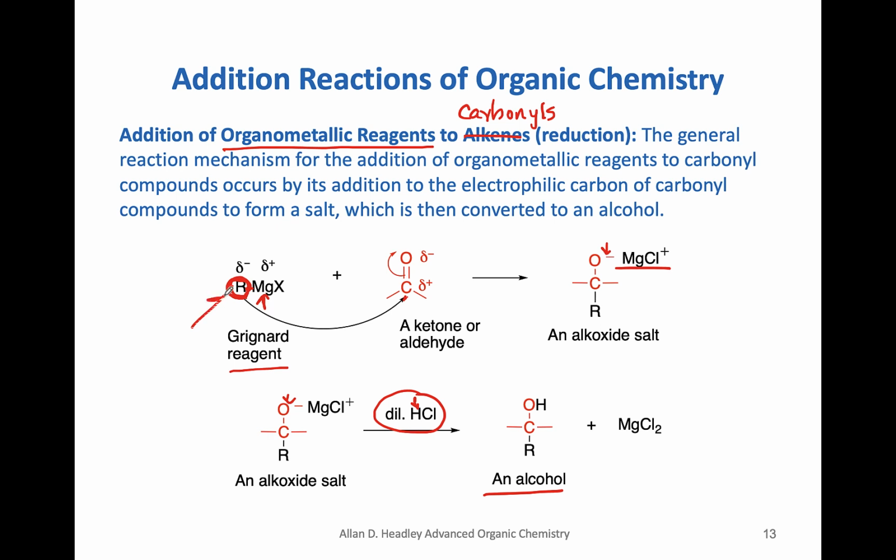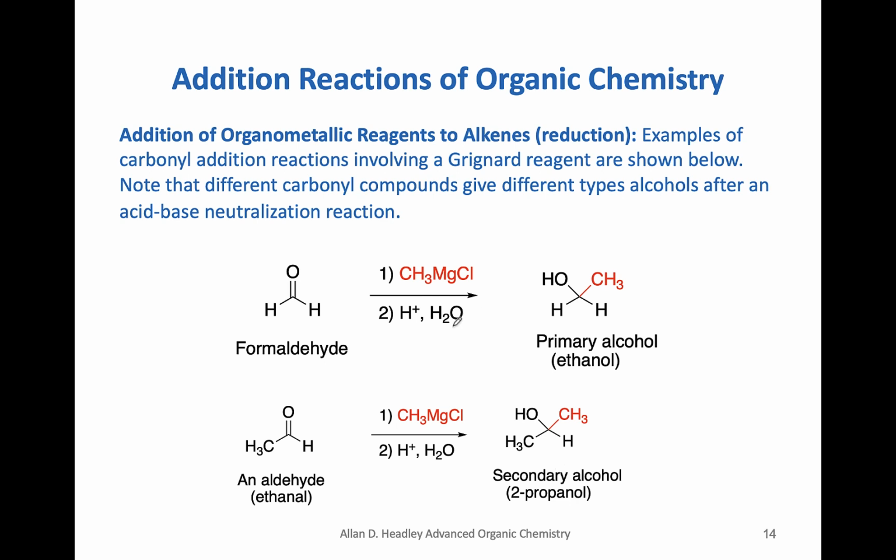The R of organometallics are nucleophilic. Its reaction with carbonyls, don't forget it's carbonyls, is regiospecific to this carbon because it's electrophilic to form this alkoxide salt. This alkoxide salt in the presence of an acid, because it's a base here, can give the alcohol as a product. Some examples here.